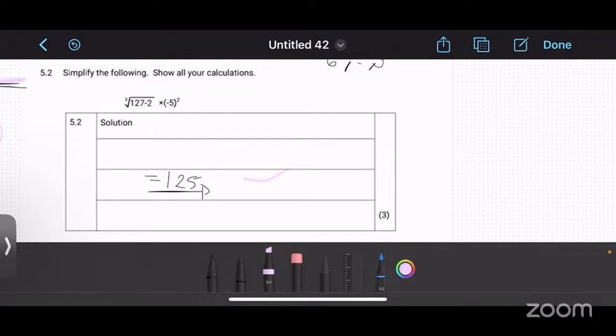This might not even be marked because you're not showing how you calculated, right? So to lose marks is very simple. Just make sure that you include all the steps. It also helps your teacher to know if they need to help you with something where you're stuck. Okay? Are we good?